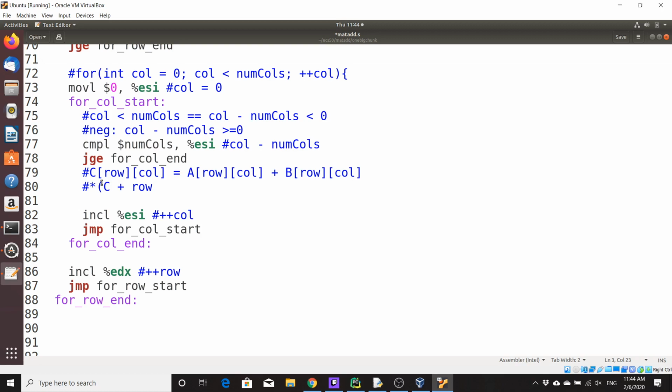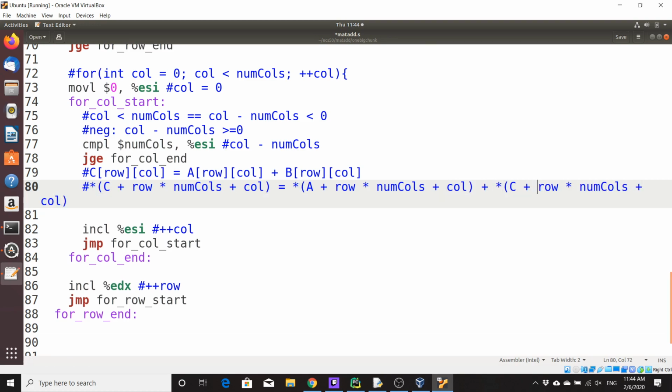So this is A plus row times num cols plus col, equal to this whole thing, plus the same thing for B. That's what we're looking at translating.